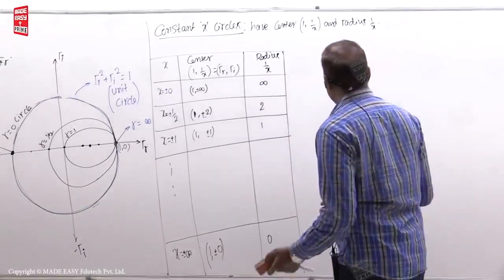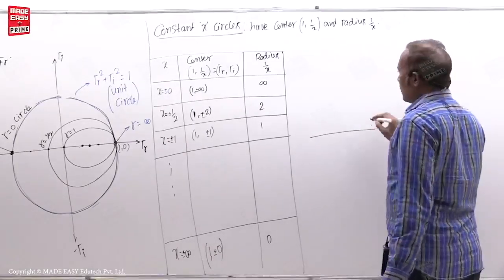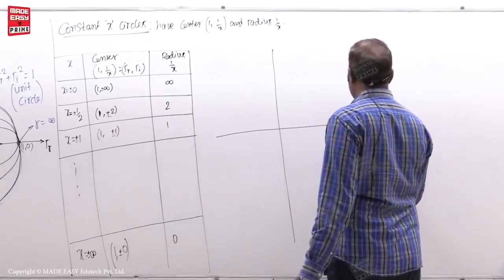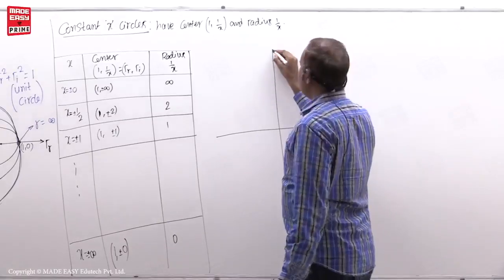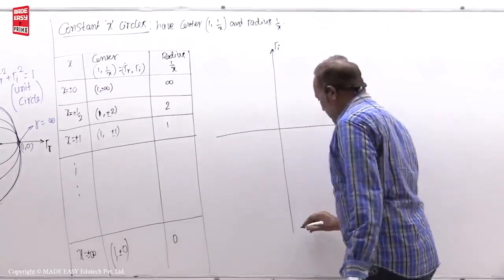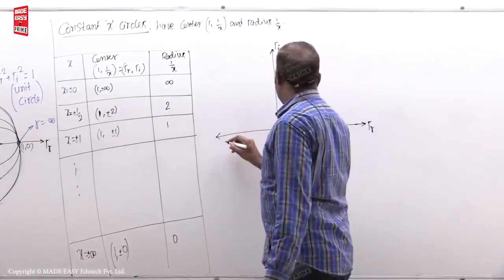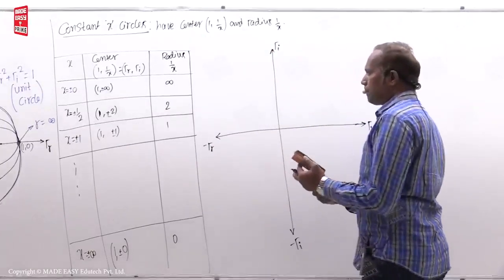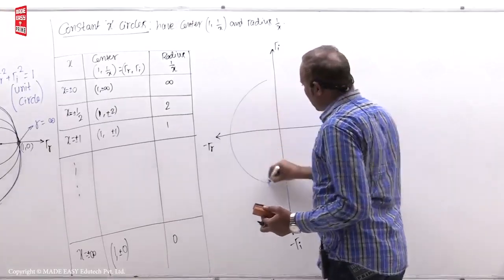Now let us draw the circles by taking this one as gamma r, and this is gamma I, and this one is minus gamma I, and this one is minus gamma r. Now this unit circle you have to draw here.